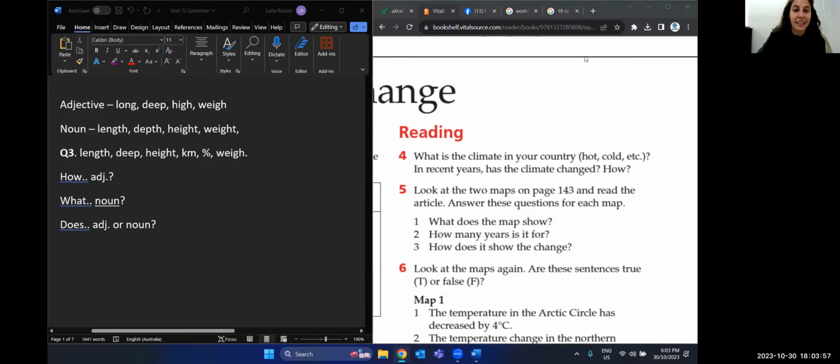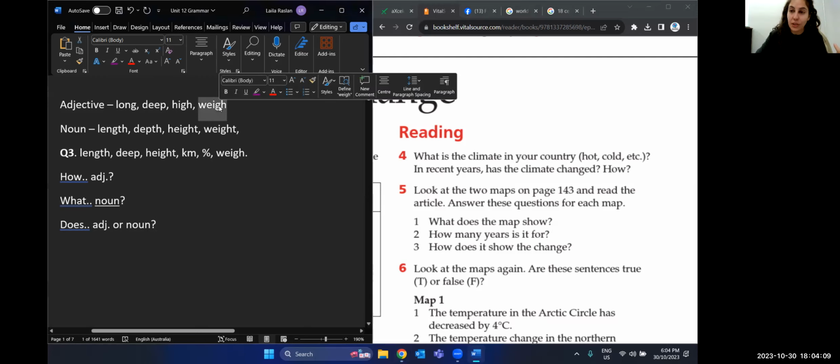Weight and weigh, Clayton, one of them is a noun and one of them is an adjective. So it just depends if you want to ask about how much the book weighs. Because I said book and that's a noun, I want to know how much does the book weigh. Weight is the noun.